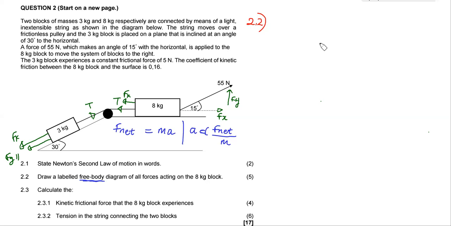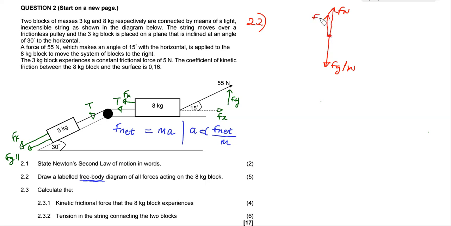So when you look at the 8 kg block, we have our dot there, representing our block, and any force we are putting here is going to be F normal. Then down here, it's our FG. Sometimes you also see W for weight there. You can put FG or you can put weight, but you don't need to put both. Then we have another force going up, which is our Fy.